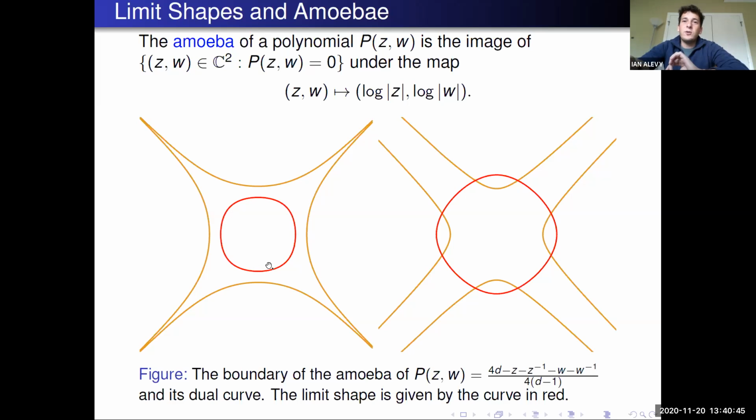And if you do that for this entire red curve, you get the red curve on the right. And we show that this curve corresponds exactly to the limit shape of the Leaky-ASM. Okay, these other curves are duals of other portions of the amoeba.